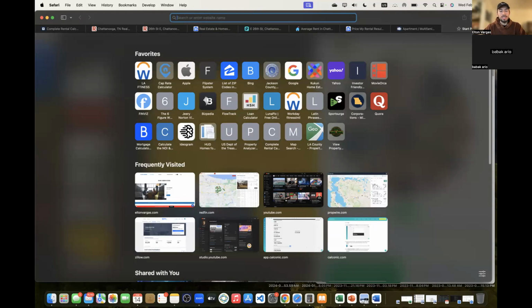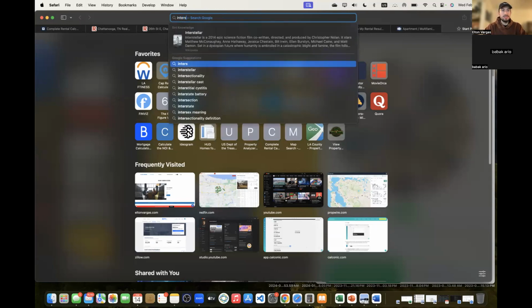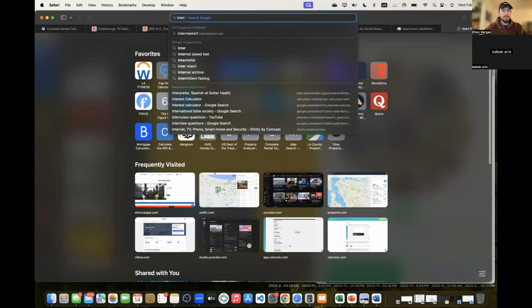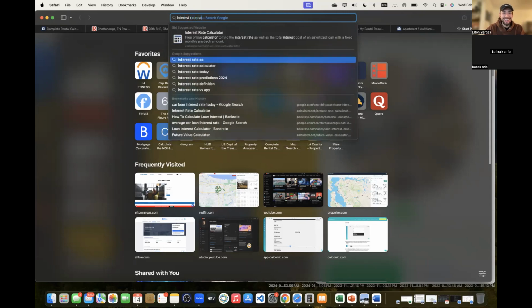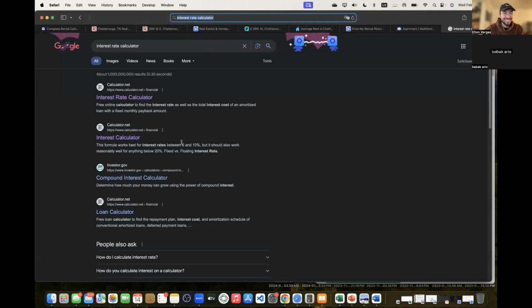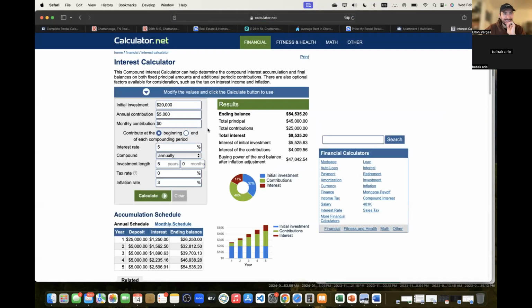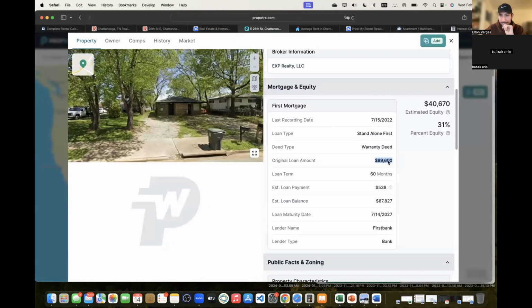I can't spell interest rate. Interest rate calculator. Let me see if I'm able to find it on here. So 89,600, 5 year, estimated loan balance 87. All right, cool.